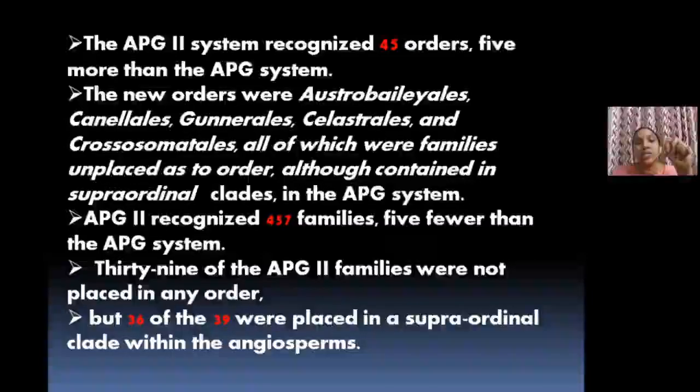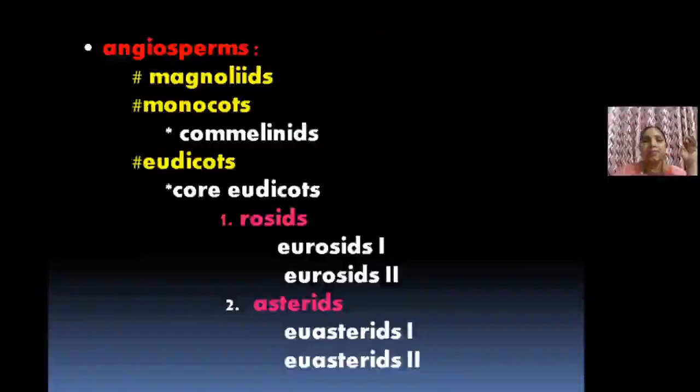But 36 of the 39 were placed in a supraordinal clade within the angiosperms. So they are not placed in an order, but they are placed in supraordinal clades, special clades in which these families were placed. Understood? No order but only clades.